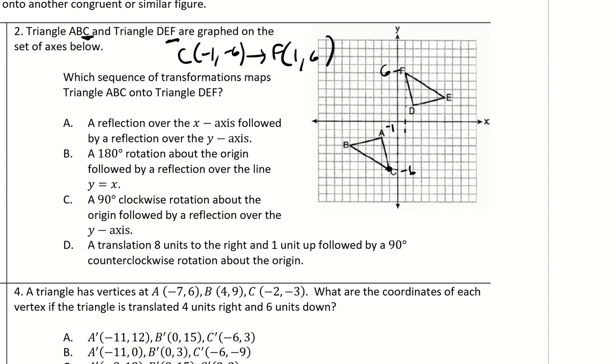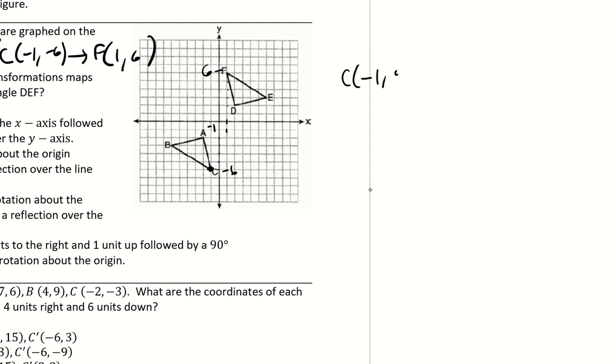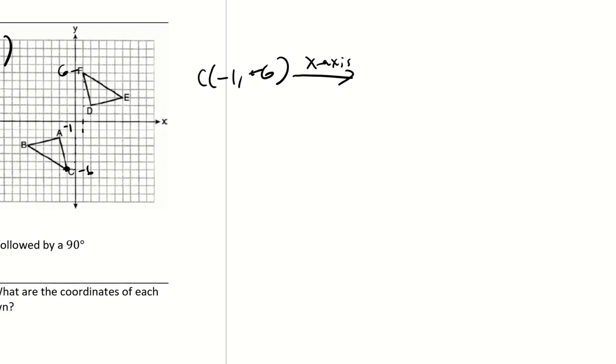And so you can see here that basically, let's take a look. If I look at the first one, it says a reflection over the x-axis followed by a reflection over the y-axis. So if I take C and I reflect about the x-axis, then what that's going to do is change the y value from negative to positive, right?